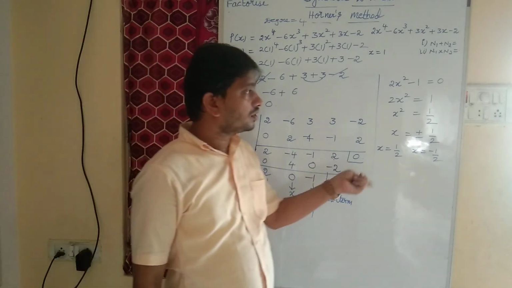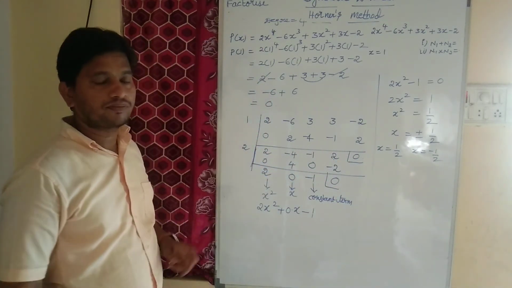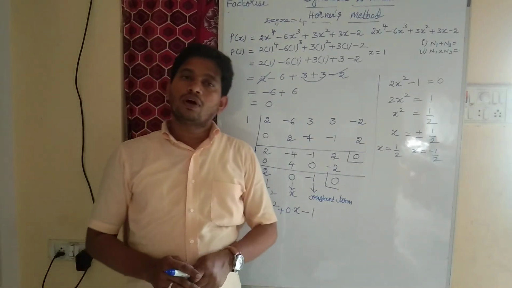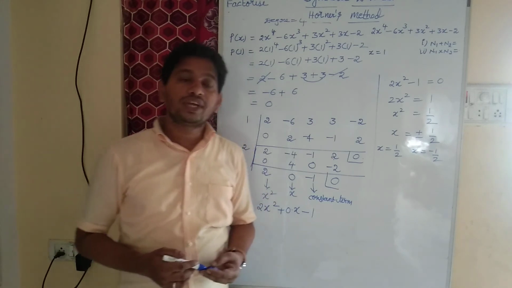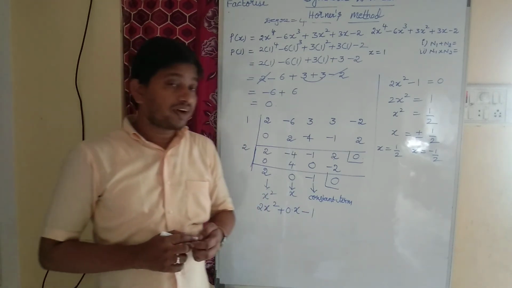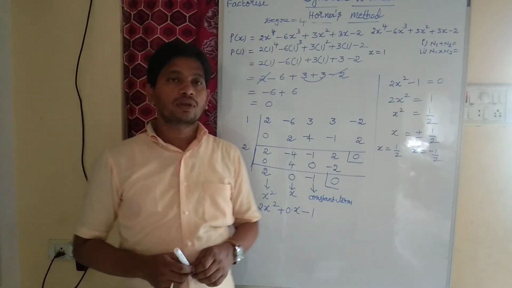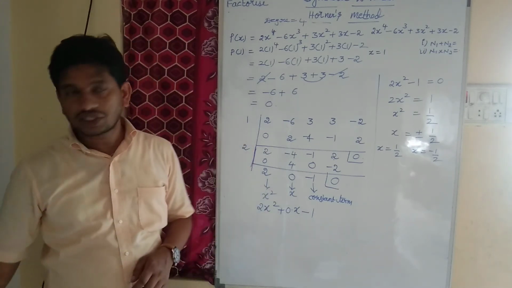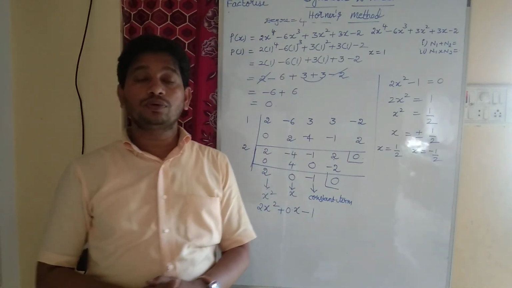So this is our Horner's method. Without doing long division method, we can find out zeros of the cubic polynomial and also biquadratic polynomial. Okay, children? I hope this Horner's method is crystal clear to you.